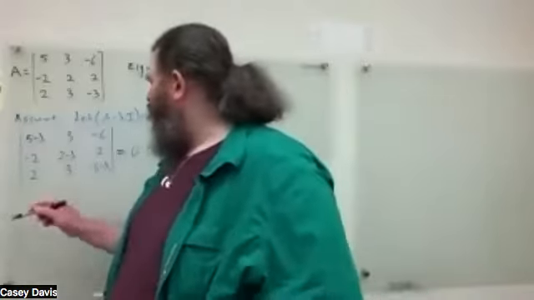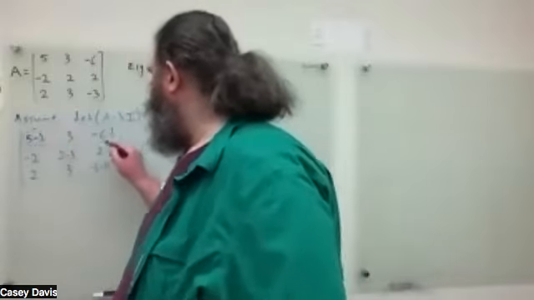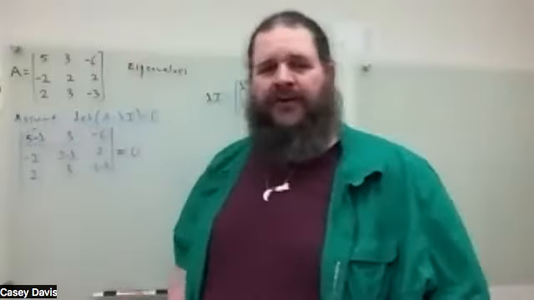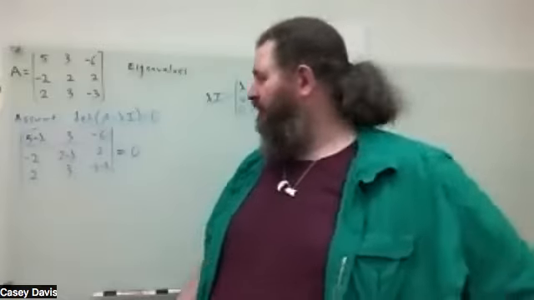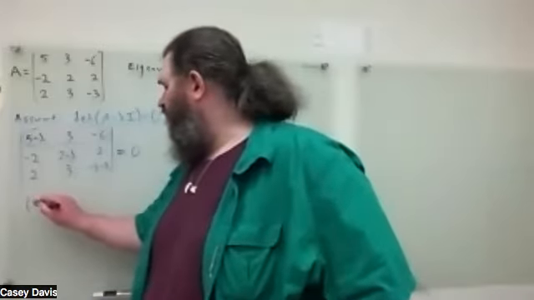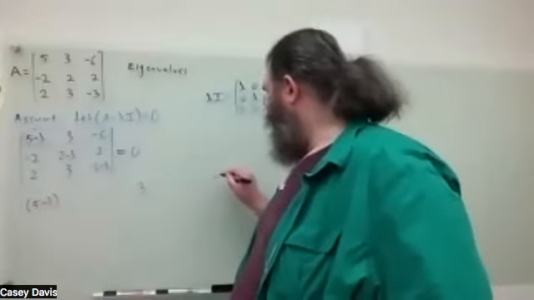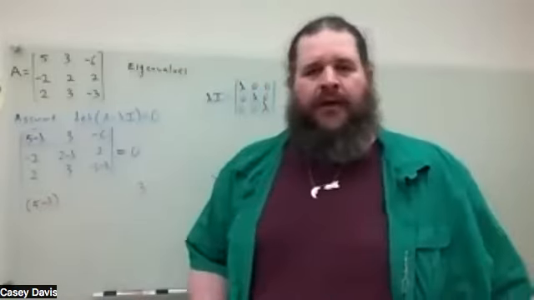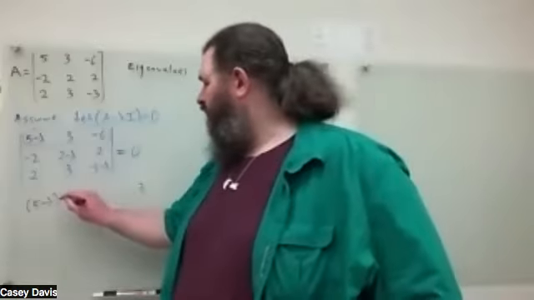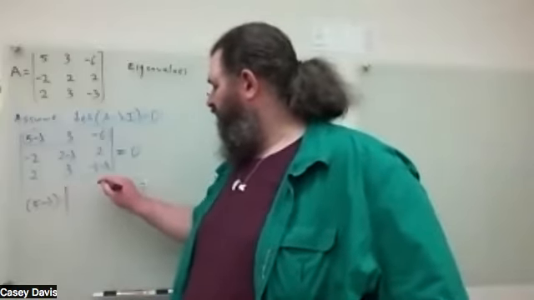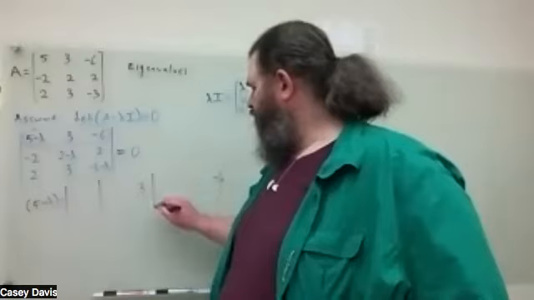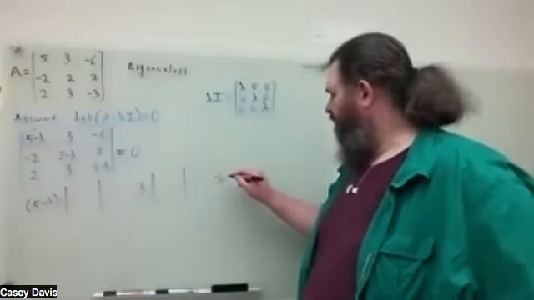Let's say, for instance, we use the first row as our cofactors in the sense that we're using those values as coefficients. So 5 minus lambda, 3, and -6. And the idea is each one of those is going to be multiplied by a smaller determinant, often called a subdeterminant.